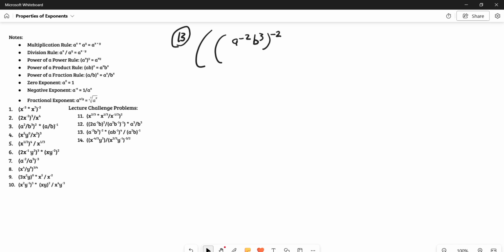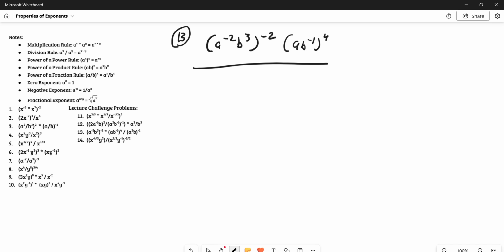Okay, wait. I think this is just a to the power negative 2 times b to the power 3, all to the power 2, times a b, over a squared b to the negative 1. So this is the problem.